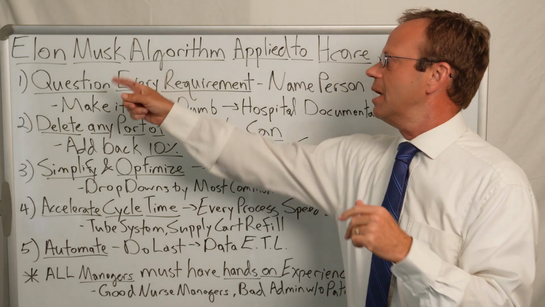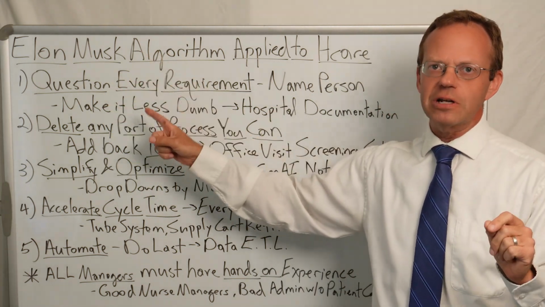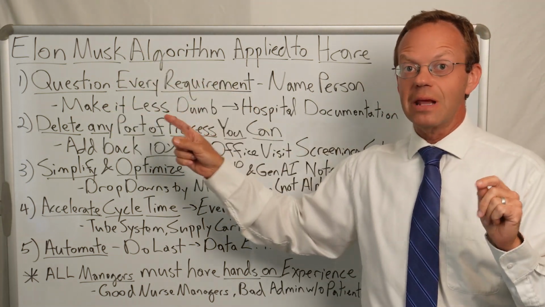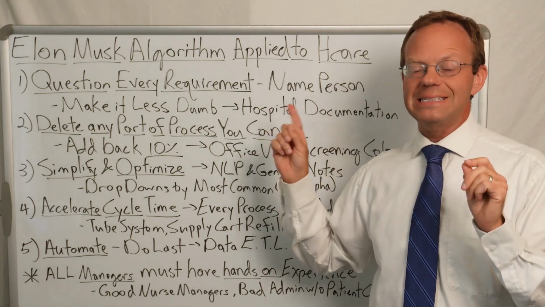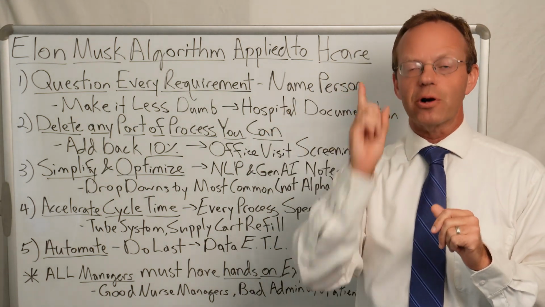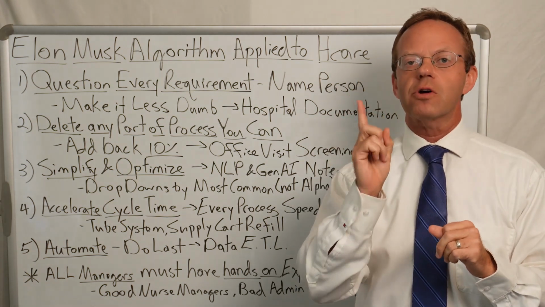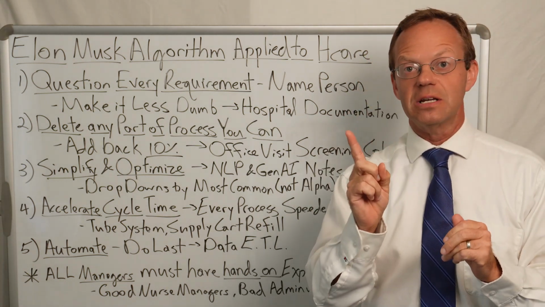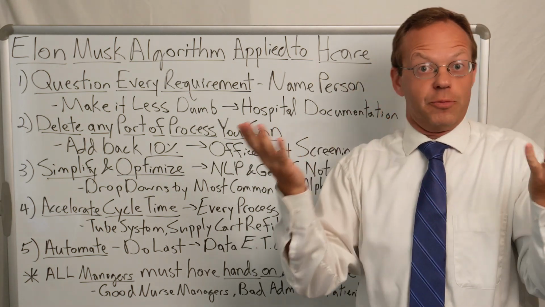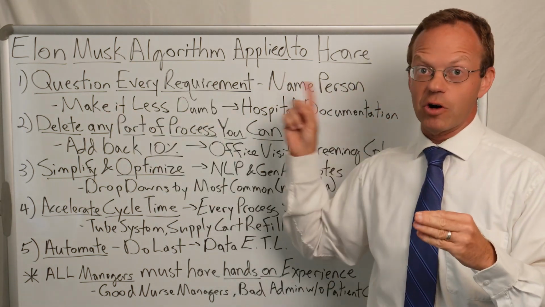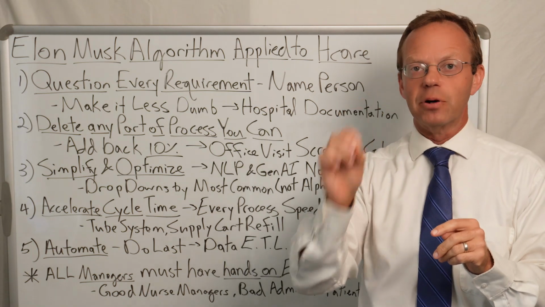All right, so number one, question every requirement. Not only question every requirement, but every requirement has to have the name of the person responsible for the requirement attached to it. There are no requirements determined by committee. Ultimately, there's a head of that committee, and that requirement is attached to that person's name.